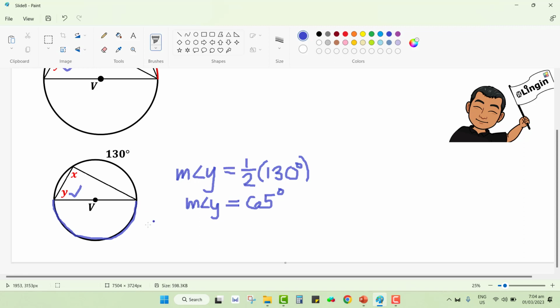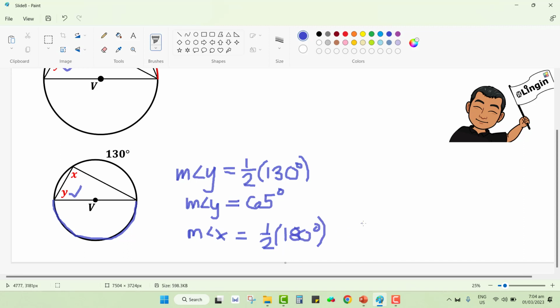We have a theorem for this: any inscribed angle intercepting a semicircle is a right angle. Because the measurement of angle x as an inscribed angle is half of its intercepted arc, which we know is a semicircle, and a semicircle measures 180 degrees.